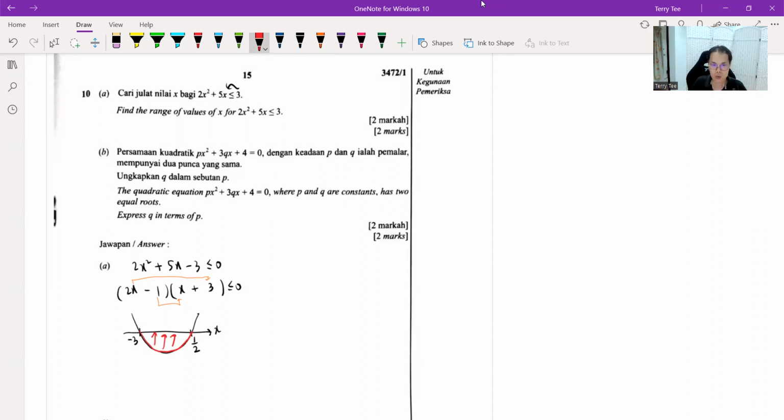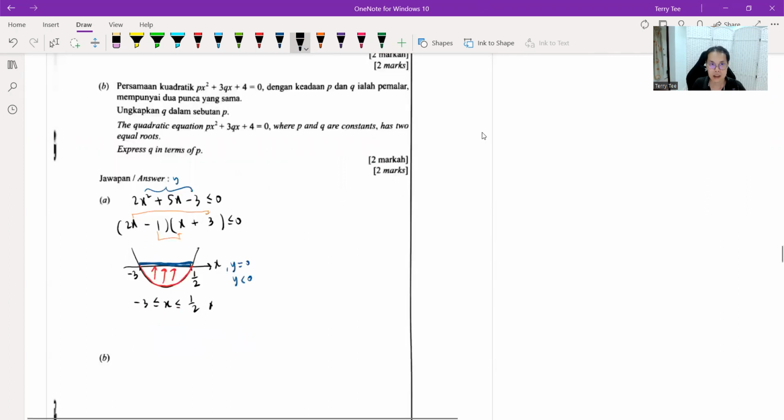Basically, at the x-axis, y is 0, and this whole thing is your y. You want your y to be less than 0, and y is less than 0 when x is anything between -3 and half. So you write -3 less than or equal to x less than or equal to half. There you go, that's your answer for part A.